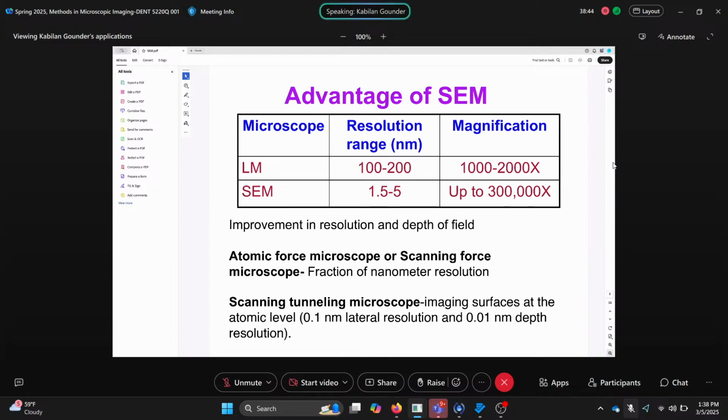So the advantage of the scanning electron microscope, when you look at the range of resolution, for light microscopy is 100 to 200 nanometer, whereas in the SEM it is 1.5 to 5 nanometer, 1,000 times better. The magnification, when compared to light microscopy, fluorescence, or bright field microscopy, can go up to 300,000 times or above.